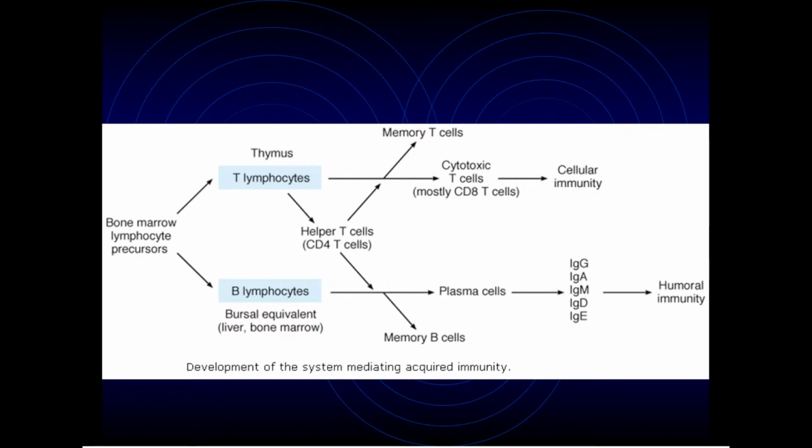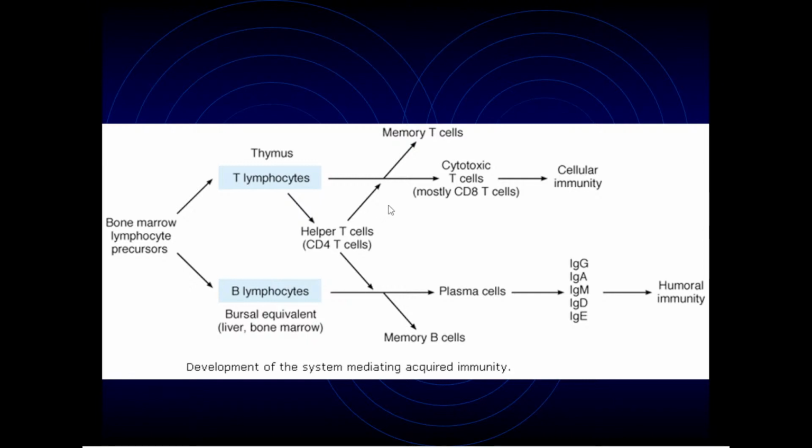The thymus transforms them into T lymphocytes, which differentiate into helper T cells or T4 cells, which process the antigen for interaction with B cells.